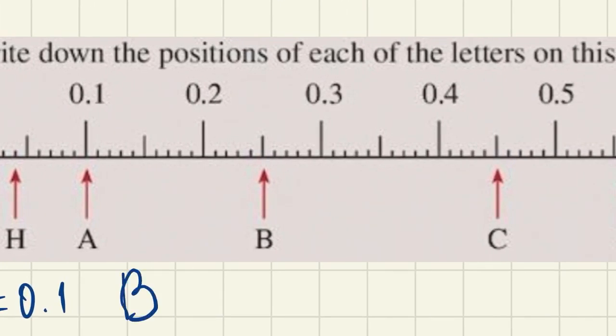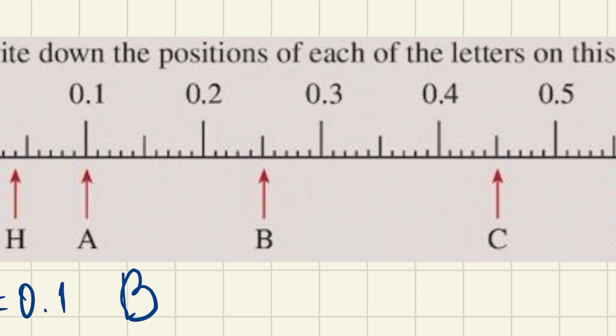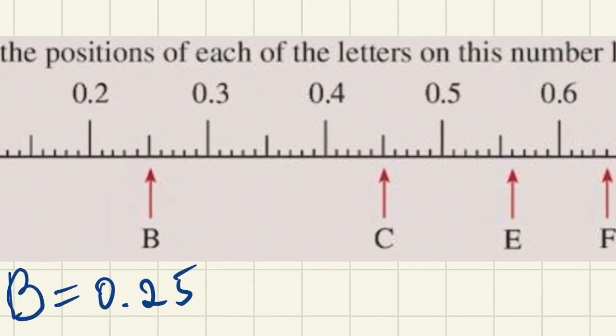B is right in the middle. It's right in the middle between 0.2 and 0.3. So we start with 0.2. This is 0.21, this is 0.22, this is 0.23, 0.24, and finally we get to B, which is 0.25. C is right in the middle.